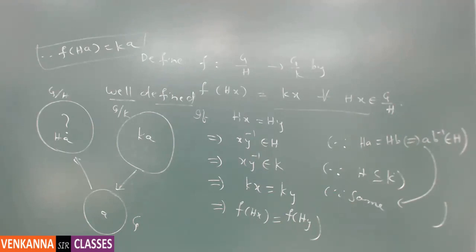Every coset is formed by means of taking elements in the group. So in the coset Ka, a is an element in the group. What is the group here? G. So for every element, corresponding cosets will be there because H and K here are two normal subgroups we have taken. So for every element, you have a coset with respect to H, you have a coset with respect to K. Therefore, it is an onto function clearly. However, if you have a doubt, you can imagine this diagram. Okay?